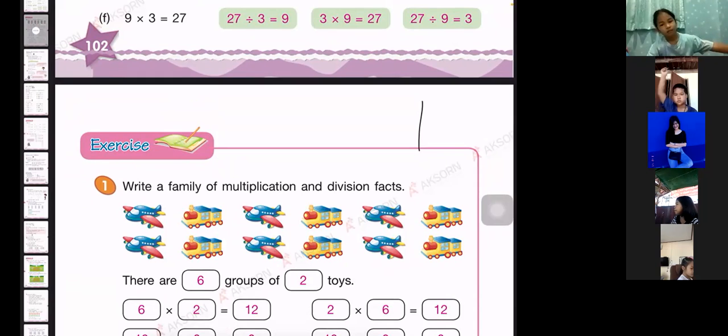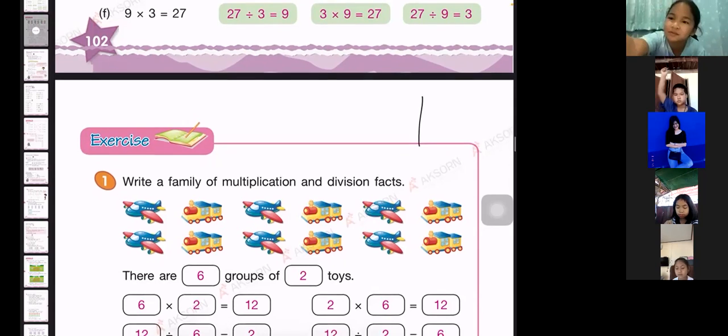So we have 6 times 2 equals, how many? 12. Very good. Now we're just going to swap 6 times 2. It is also the same with 2 times 6 is equal to 12 also.